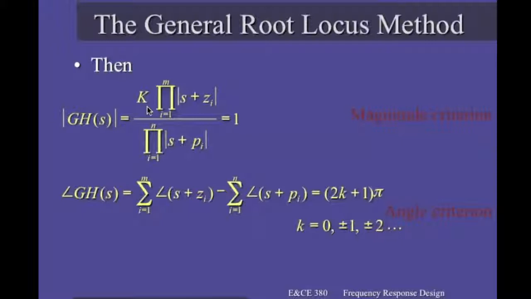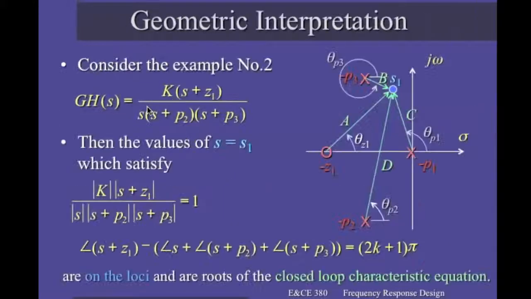And it may happen that at a certain point, by increasing K, the BIBO stable closed loop system turns into a BIBO unstable one. This will happen when the closed loop poles cross the imaginary axis.